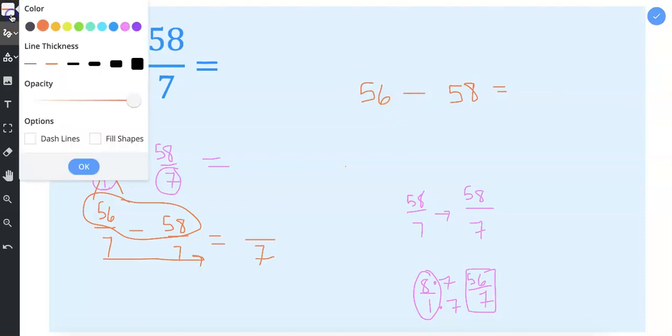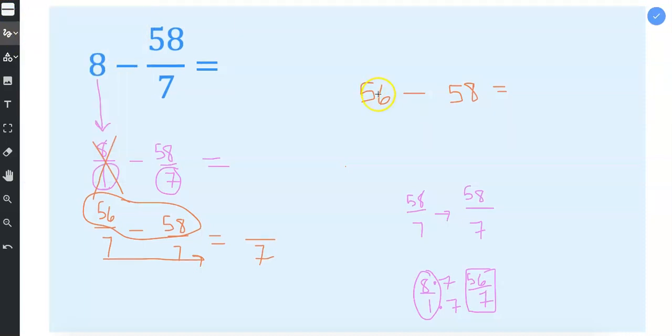You're supposed to learn that this year. I'm supposed to teach you that 56 minus 58 is the same as 56 plus a negative 58. If you want to show the change up here, we can just show that we are adding the opposite.